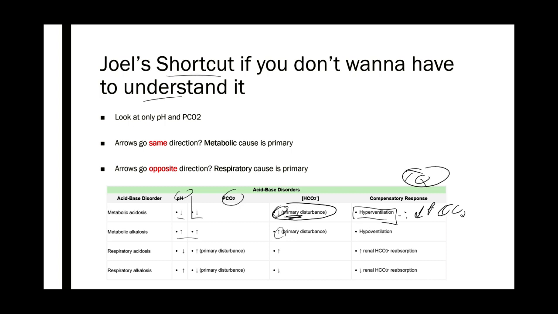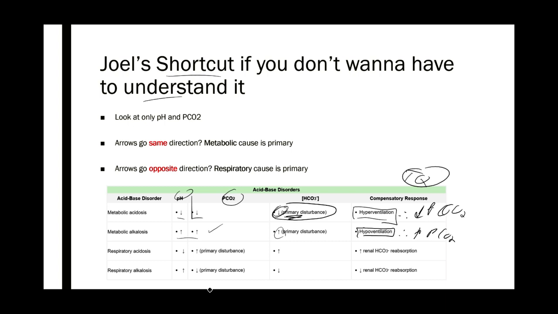You want it to be opposite because you want to bring the pH levels back down to normal. So you have a compensation of hypoventilation, and that is the reason for the lab value you see, increased PCO2.